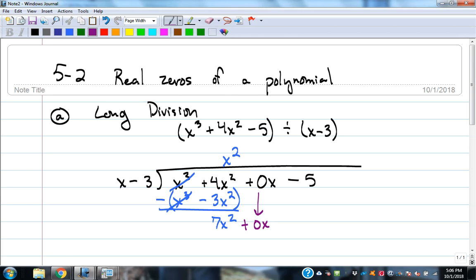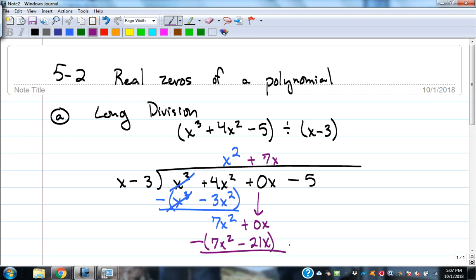Right? Okay. So now I look at the front again. What times this x would give me 7x squared? A 7x. So I'm going to put a 7x up there. It's a positive 7x, so I'll put plus 7x up there. Okay. Then distribute. 7x times x, 7x squared. 7x times negative 3, negative 21x.